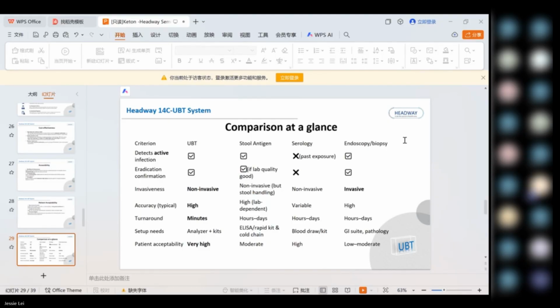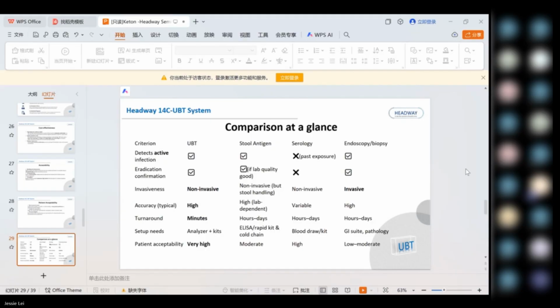Okay. The count of the results normally reflects the activity of H. pylori. So if the result is a very big number, like hundreds, it means H. pylori is very active and produces a lot of urea enzyme. But we don't recommend UBT to monitor the treatment while taking the medication.